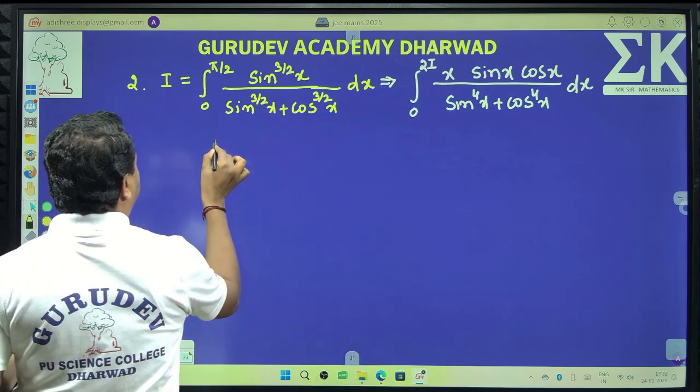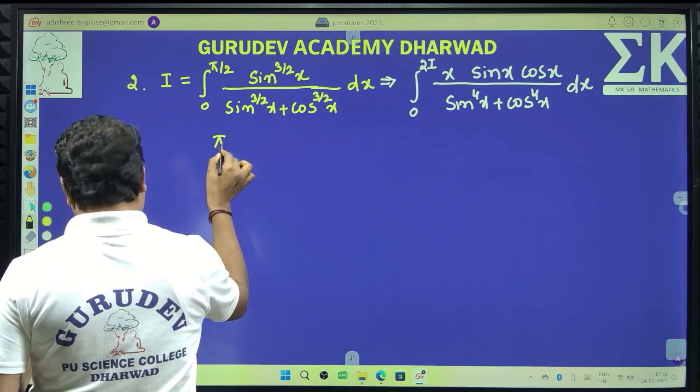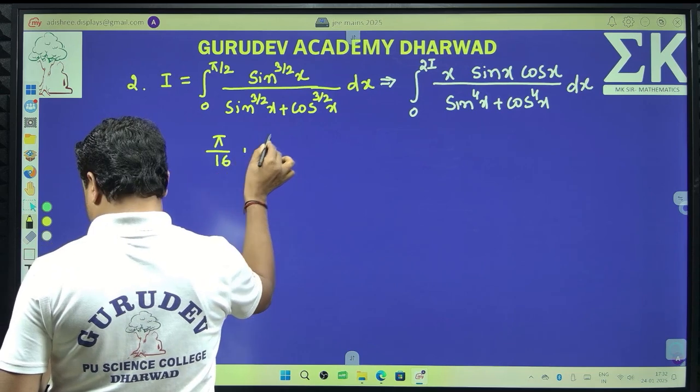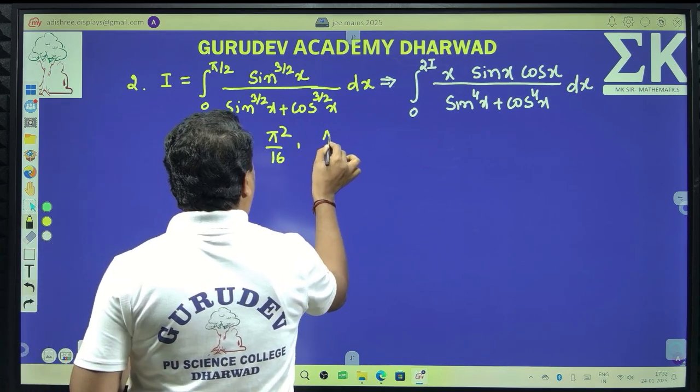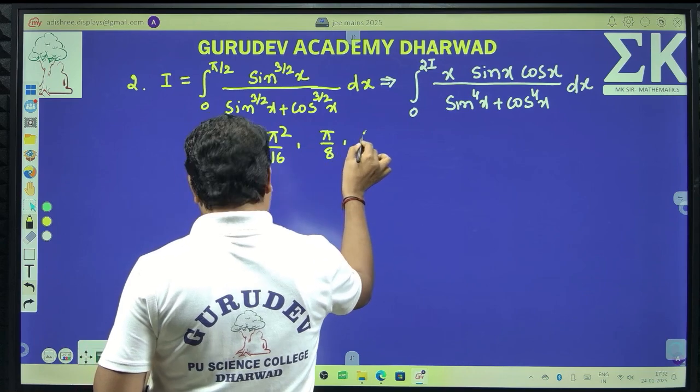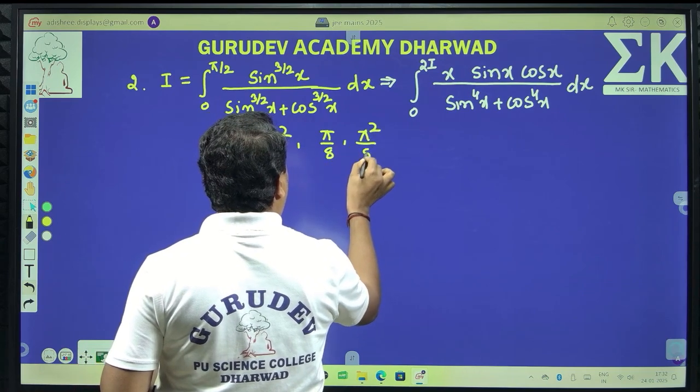Options given as pi by 16, pi square by 16, pi by 8 and pi square by 8.